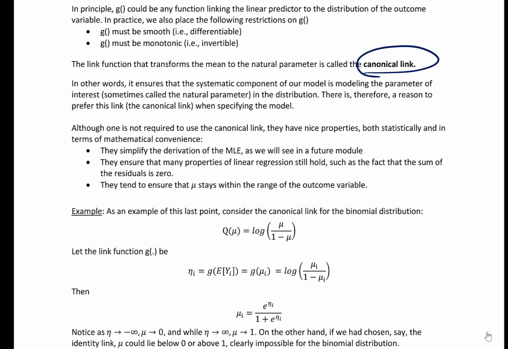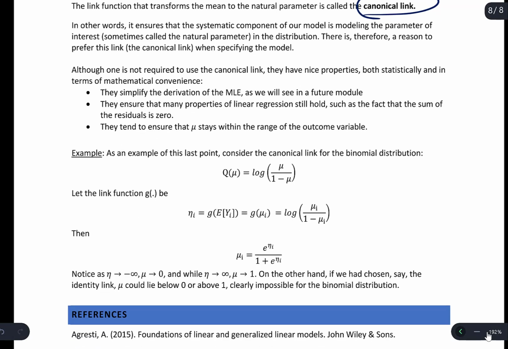So, for example, we could look at what's the canonical link for the binomial distribution. If you go back and look at what we had for the natural parameter for the binomial distribution, we had the following. What we can do is use this to help us determine what the appropriate link function is.